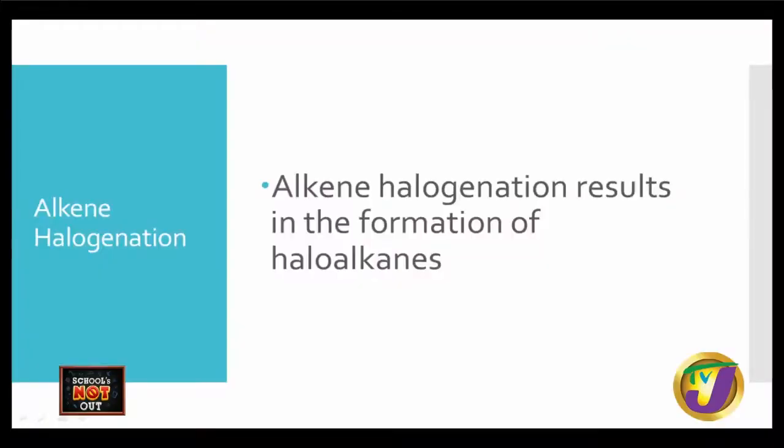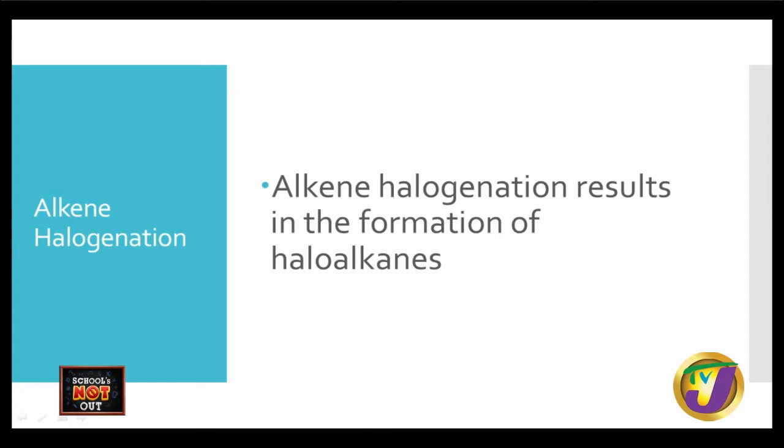All right. So alkene halogenation also results in the formation of haloalkanes. So remember, halo means that you have added a halogen, and alkane means that it only contains single bonds. That is correct.